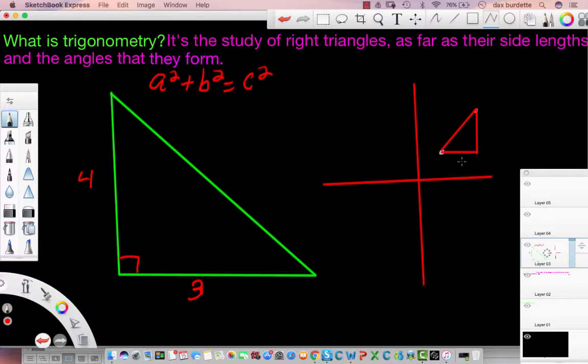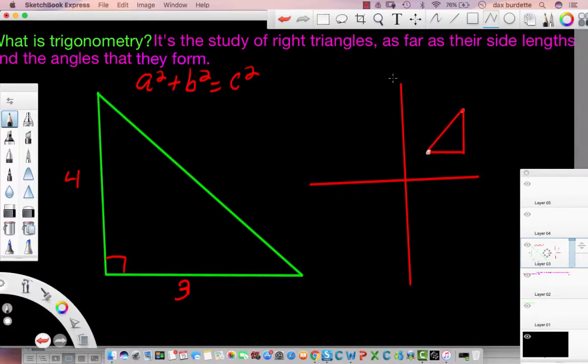Then whatever those lengths are, we can use a squared plus b squared equals c squared to find the length of this, which now clearly looks like a hypotenuse. So basically, we use the Pythagorean theorem when we have two sides of a right triangle given to us or hidden from us, and then we can utilize them to find the missing side length.